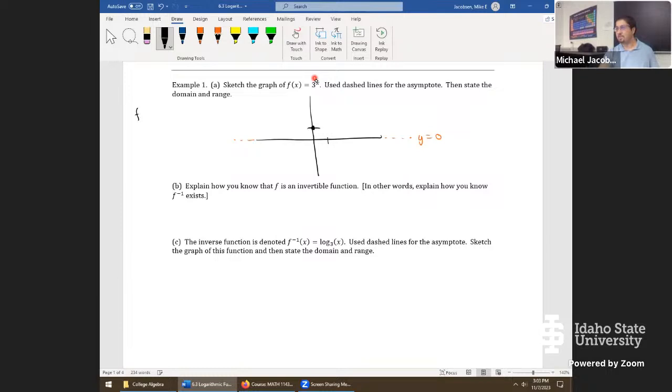It doesn't hurt to actually write these on the margin. F of 0 became 1, and I'm going to plug in a 1. F of 1 is just going to be a 3. Let me try to make those a little bit better. So here's my second point. And because we have enough experience on what the whole graph should look like, really shouldn't be more than even a single point.